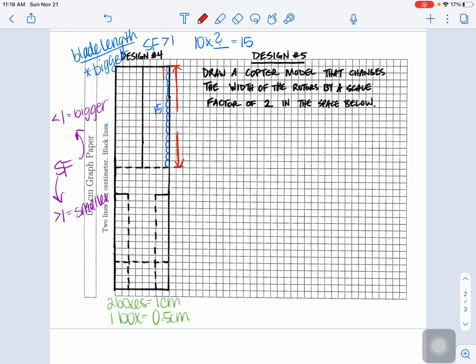So I have 1 centimeter, 2 centimeters, 3, 4, 5, 6, 7, and then a half. So 7.5 centimeters is the length of my new blade. All right, so again, I can also ask myself this question then. We went from 5 centimeters times what to get to 7.5 centimeters?